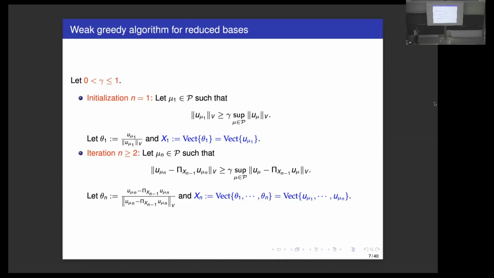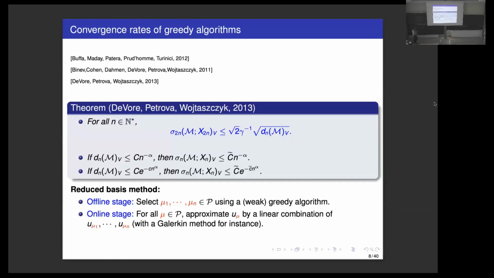And so these are called weak greedy algorithms associated to the value of the parameter gamma. And it was proved in a series of works, the last of which having been done by DeVore, Petrova, and Wojtaszczyk in 2013, that indeed such sequences of linear subspaces are quasi-optimal. So here I'm just giving a simplified version of the theorem proved by DeVore, Petrova, and Wojtaszczyk.